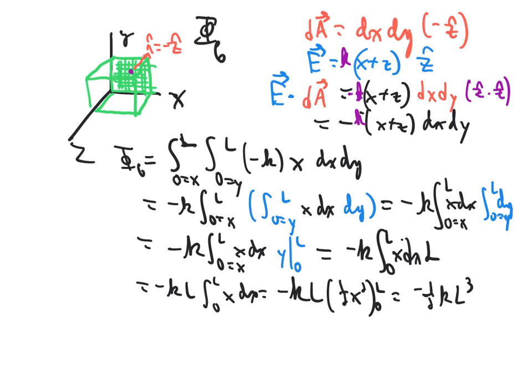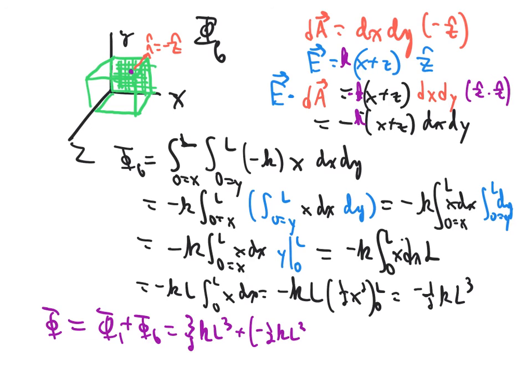So that's phi 6. Then we can just say that the actual flux is phi 1 plus phi 6, or 3/2 kL cubed plus minus 1/2 kL cubed, or just kL cubed. So that's our total flux through this total cube. And that's quote-unquote it.